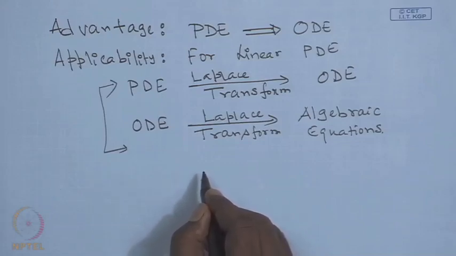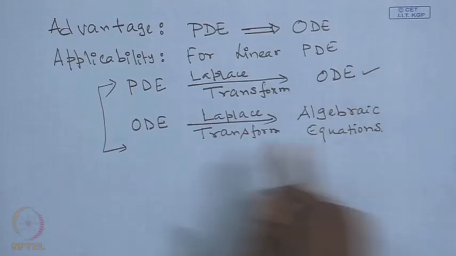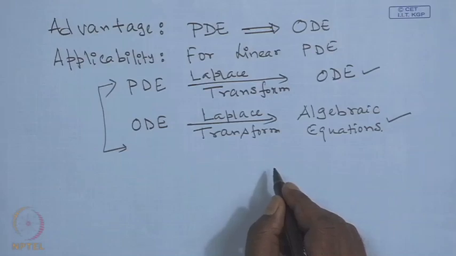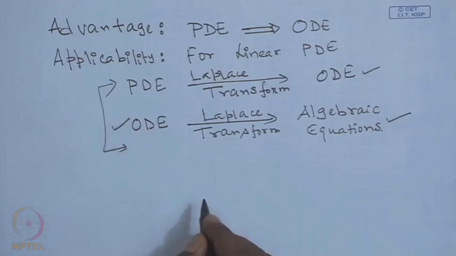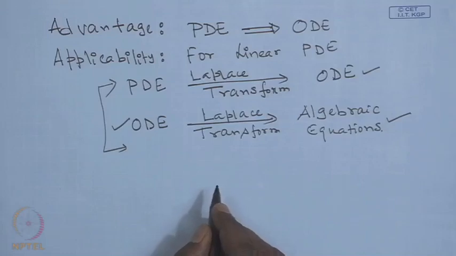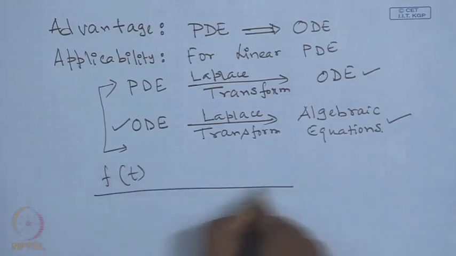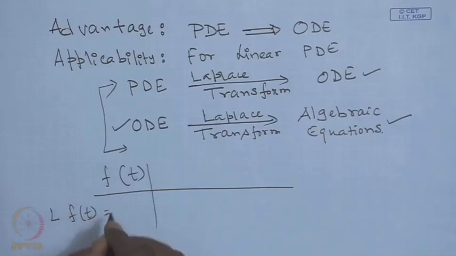In both cases, ODEs are easier to solve compared to PDEs, and algebraic equations are easier to solve compared to ordinary differential equations. So, we looked into some of the typical functions whose Laplace transforms in the S domain are given. For example, f of t and Laplace of f of t, which is the transformation in the S domain.